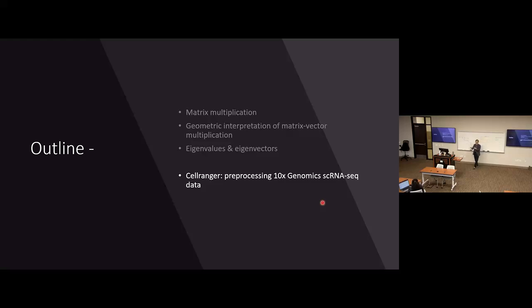When you multiply it by a vector, you change its direction and change its magnitude. In a special case, it only changes the length but not the direction of the vector you operate on.